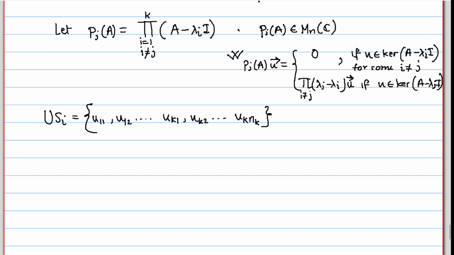This is the union of all S_i's. Now consider c_11 u_11 plus c_12 u_12 and so on, up to c_k n_k u_k n_k equal to 0. Suppose this is equal to 0.